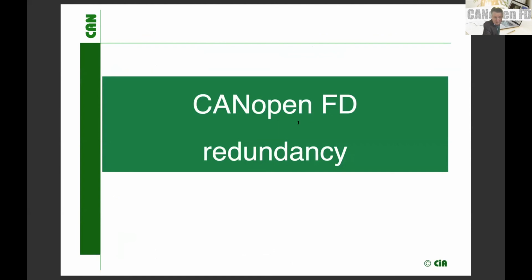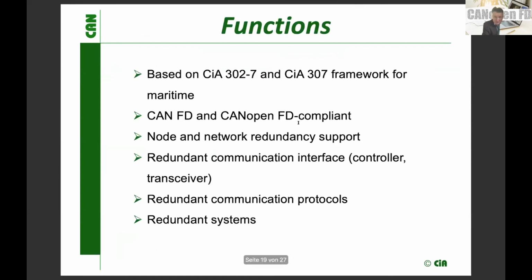I'm also limiting this information for other protocols to redundancy, a very interesting and important concept, especially for mission critical applications. It is based on already existing CANopen things, specifics we had in the past.